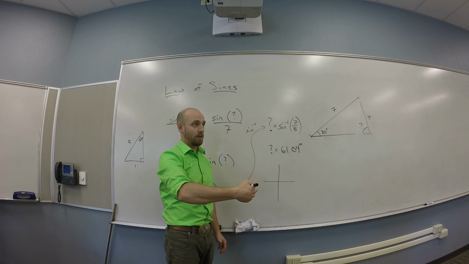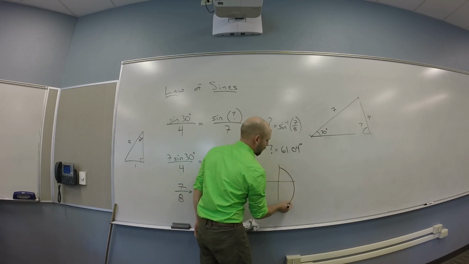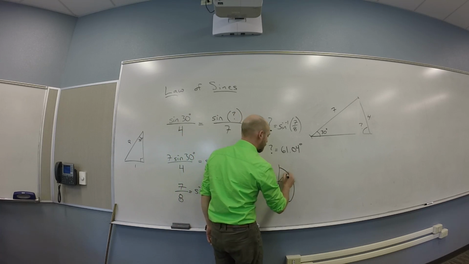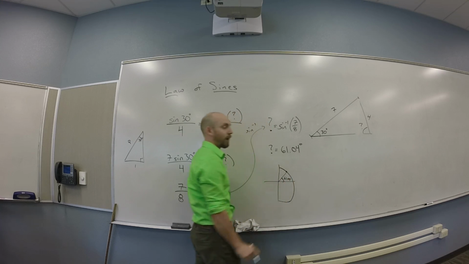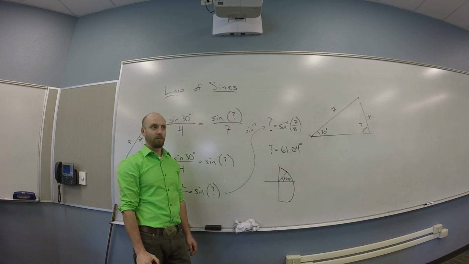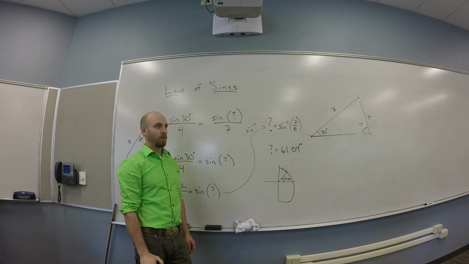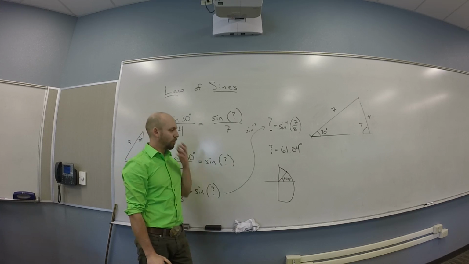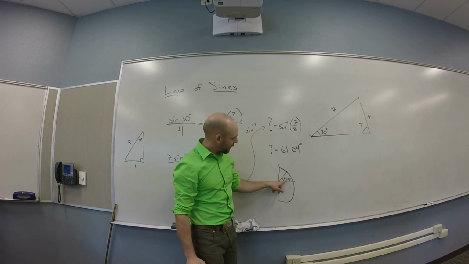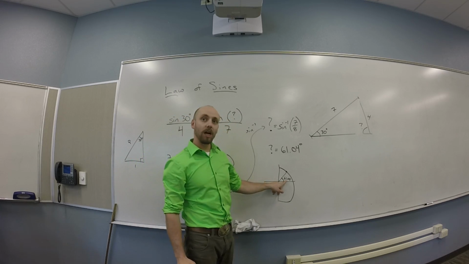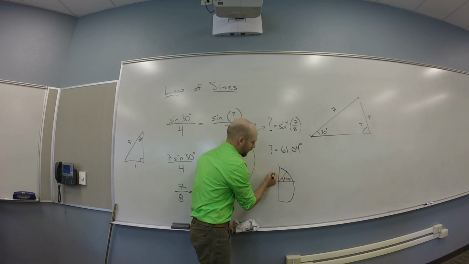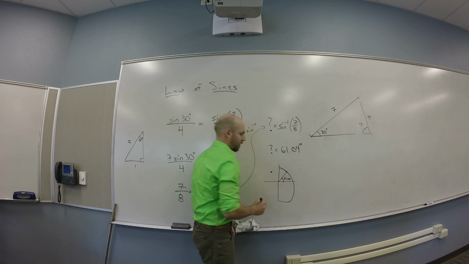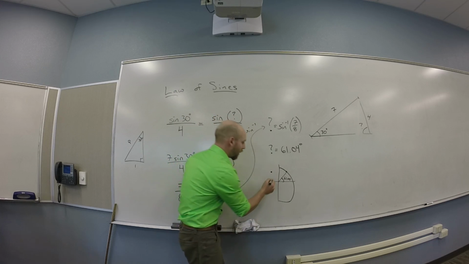Okay, so here's that angle, 61.04 there. You guys with me on that? If that's 61.04, sine's the height, right? That means that on the other side here, there's another angle.